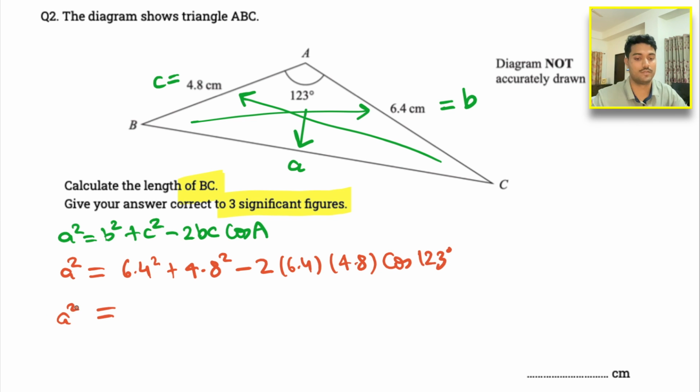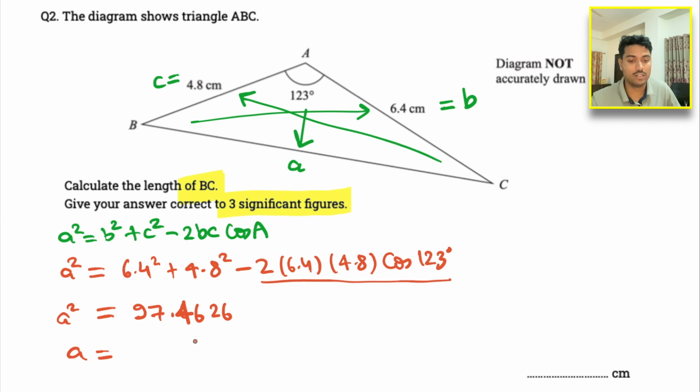A square will be, we can do it in the calculator, 6.4 square plus 4.8 square minus, now do all of these calculations inside the bracket. So minus, inside the bracket, 2 multiplied by 6.4 multiplied by 4.8 multiplied by cos 123, bracket close, and my answer is 97.4626 and so on.